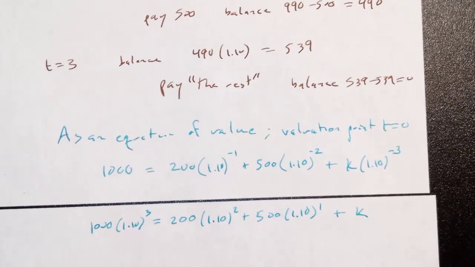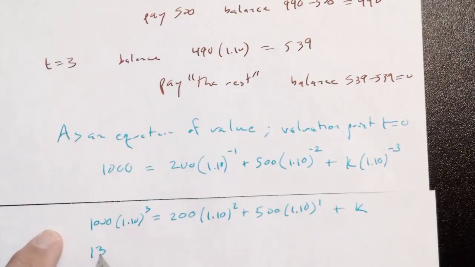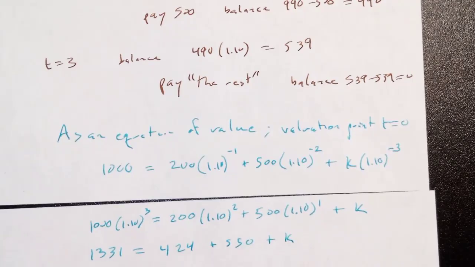And now I can solve for k directly. Let's see. 1,000 times 1.1 cubed is 1331. 1.1 squared is 1.21, so that's 242 plus 550 plus k.